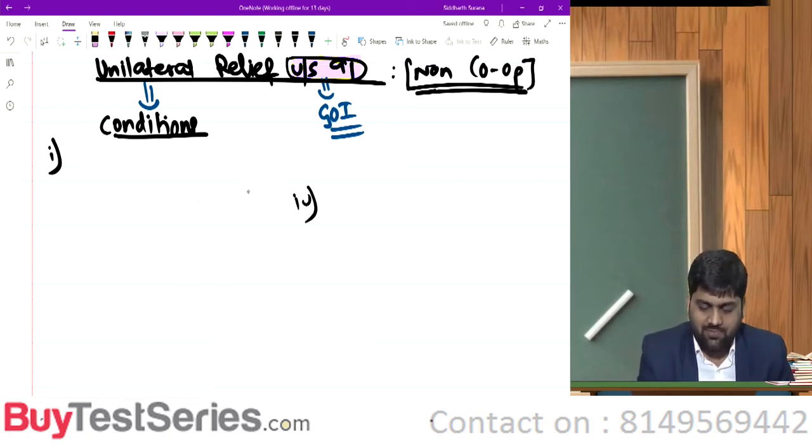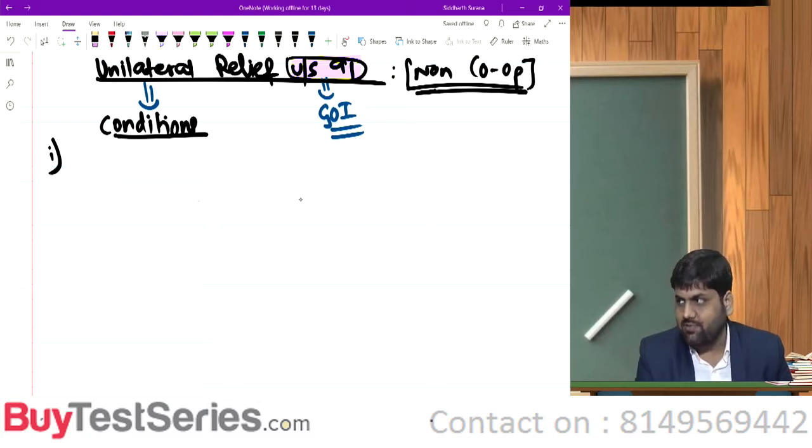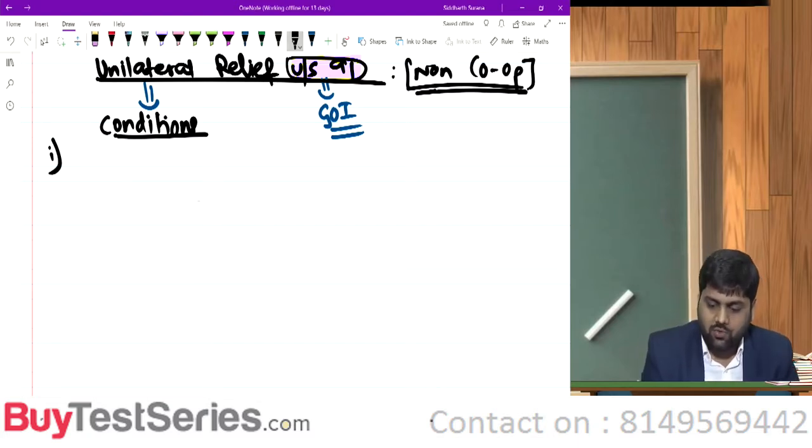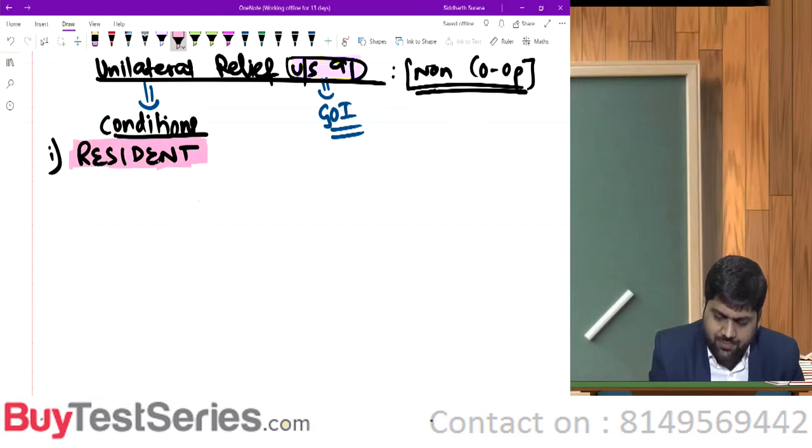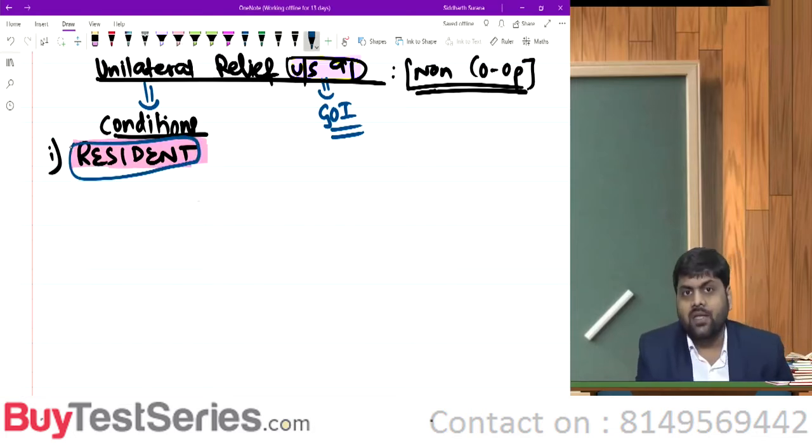If there is something that matters, something relevant to give you unilateral relief under section 91, the only thing you need to do is that the assessee has to be a resident. The only relevant condition is that the assessee has to be a resident. Wait, I am going to give you 2, 3, 4, but conditions 2, 3, 4 are a waste of time. You will laugh at them.